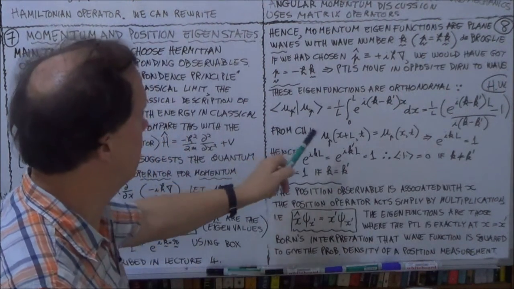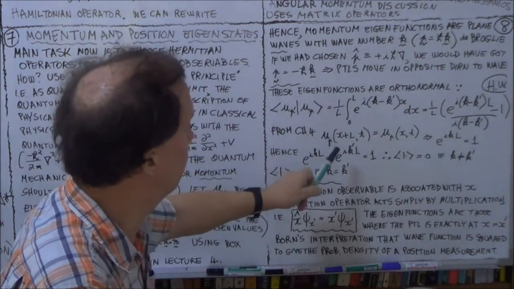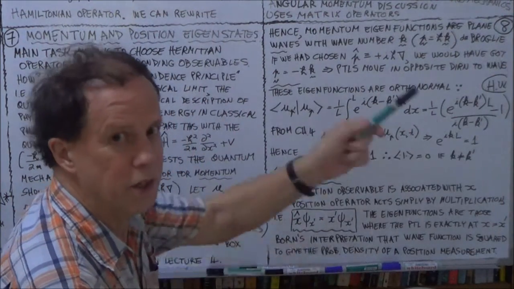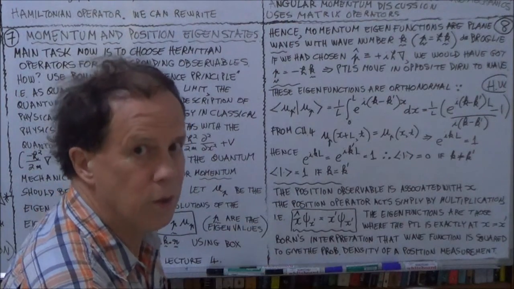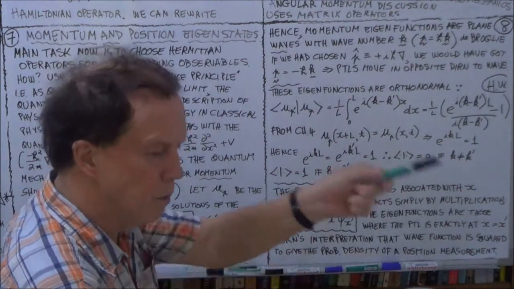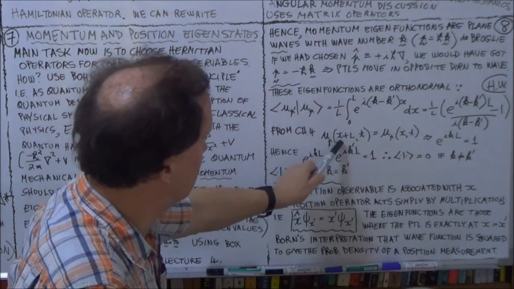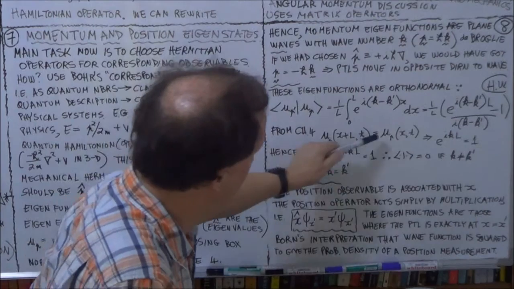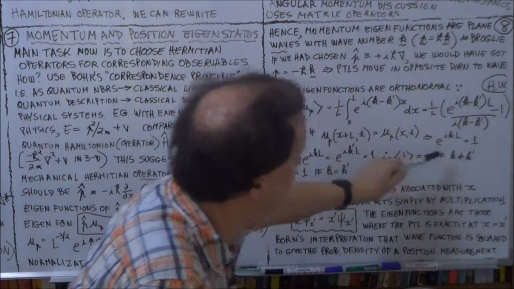A bit of revision from chapter 4 as part of the solution to the normalization problem. We said in one dimension x, we imagine x as a very large circle of circumference L that's cycled. So your wave function at x plus L should be the same as at x, and given that restriction, we proved that e to the i kL has to be 1.